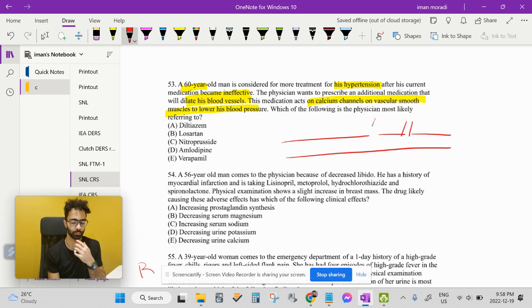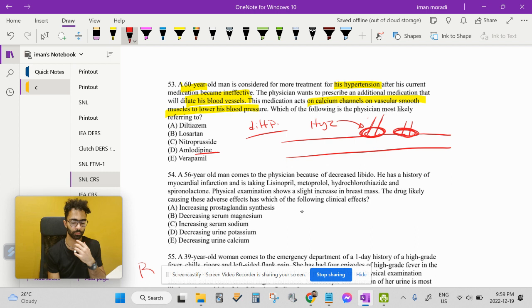Some arterioles come out, and they have these sphincters. One of the things that works here is hydralazine, right? But the other thing that works here is calcium channel blockers, and these are dihydropyridine type blockers, and they end with dipine. So we got amlodipine, whatever else ending in dipine.